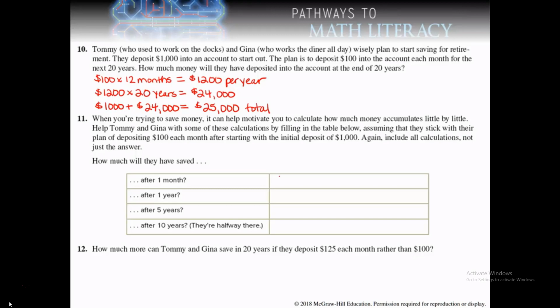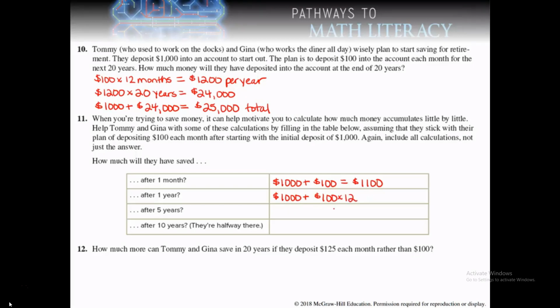In 11, we're going to look at that same situation over different lengths of time. So after 1 month, they have the original $1,000, plus they've only made one $100 deposit. That will give them $1,100. After a year, they've started with that $1,000 and they've deposited $100 12 times.